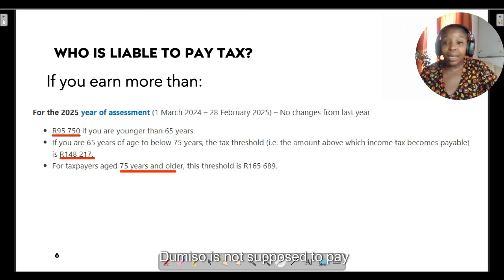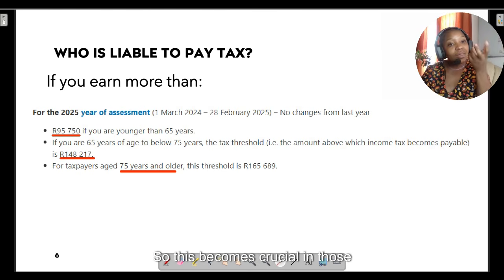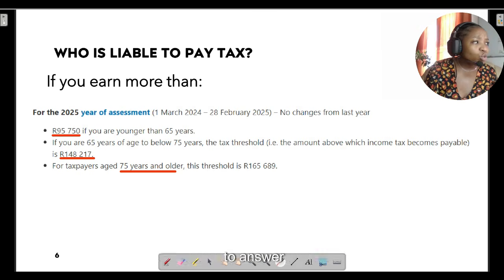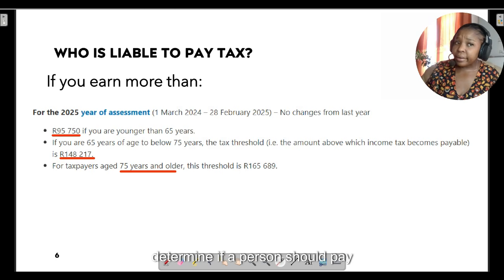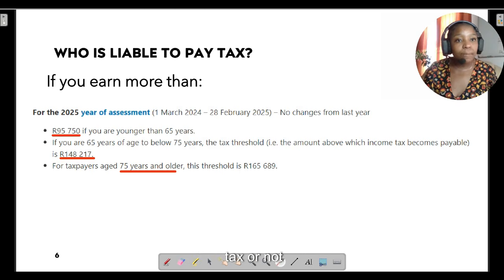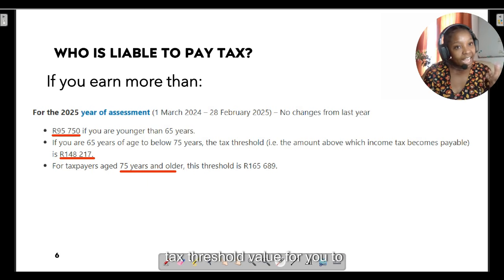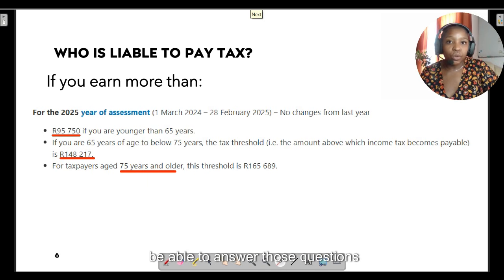Therefore, Ndumiso is not supposed to pay tax. So this becomes crucial in those questions where we are required to determine if a person should pay tax or not. So you need to understand that tax threshold value for you to be able to answer those questions.